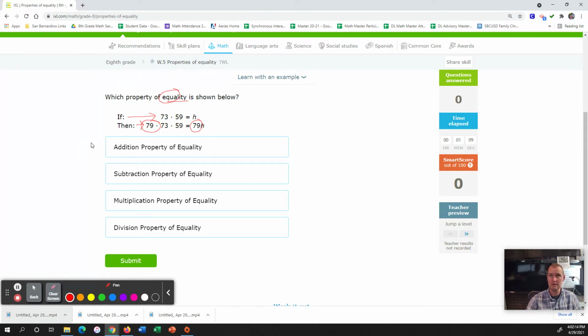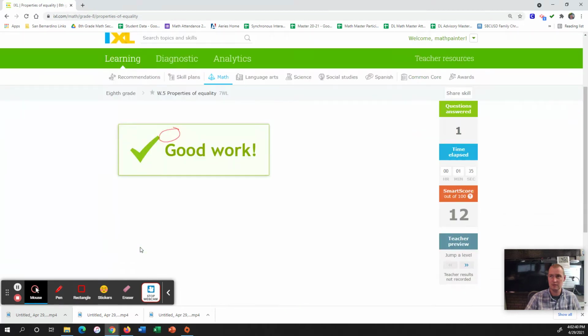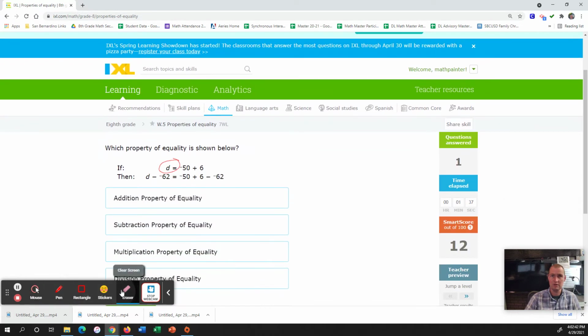And because we have 79 and H with no sign at all, 79H automatically means multiply as well. So the then statement is saying this is going to be multiplication property of equality. The equation is still the same because it's still balanced, but we're multiplying on both sides. So multiplication, third one down, gives us the first 12 points.